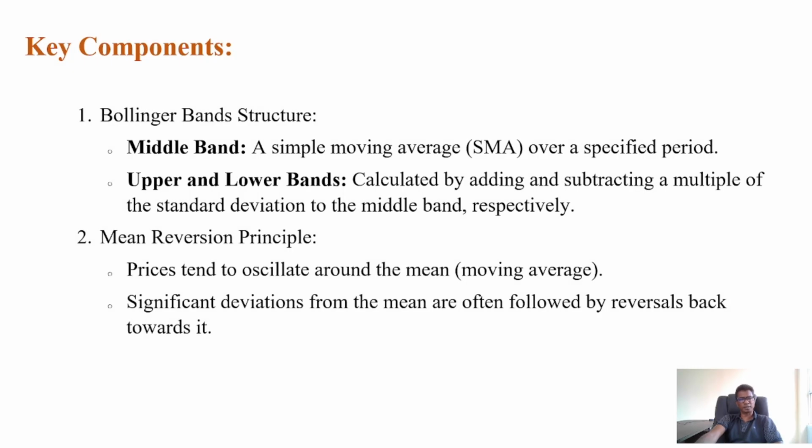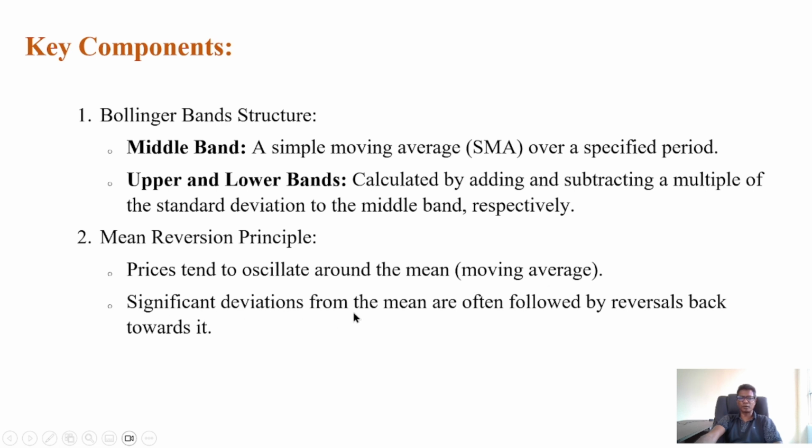The key components. The Bollinger Band structure, as I told you earlier: the middle band is a simple moving average over a specific period, and the upper and lower bands are calculated by adding and subtracting a multiple of the standard deviation to the middle band respectively. Mean reversion principle: prices tend to oscillate around the mean, the moving average.